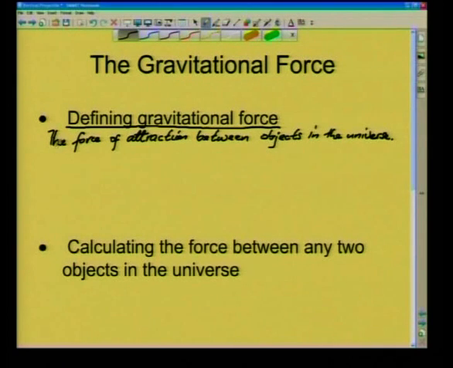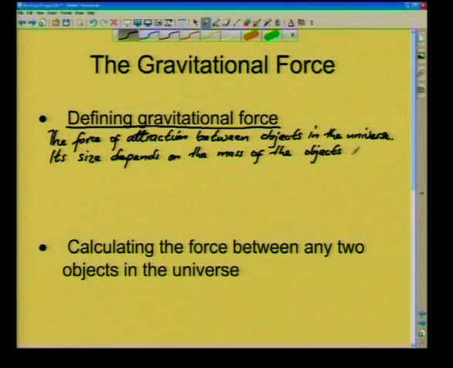And the size or magnitude of this force depends on two things: the mass of the objects, and also the distance between their centers.